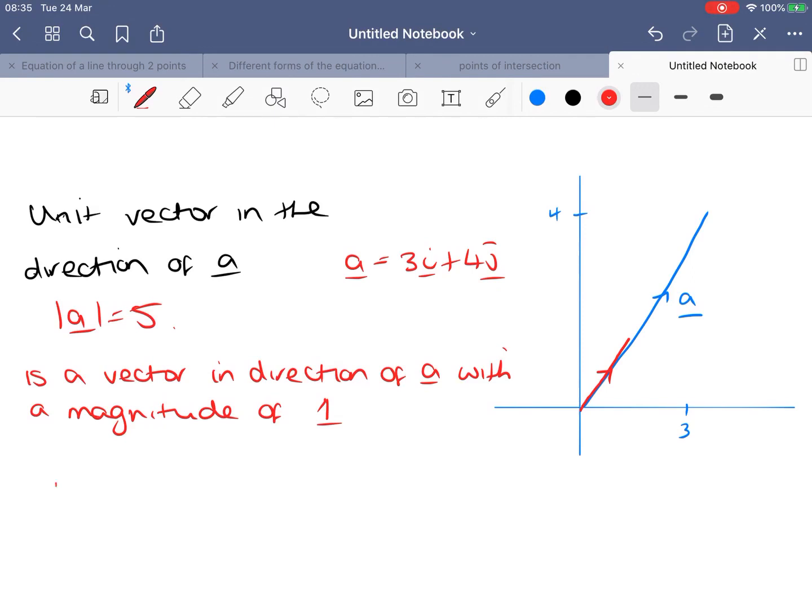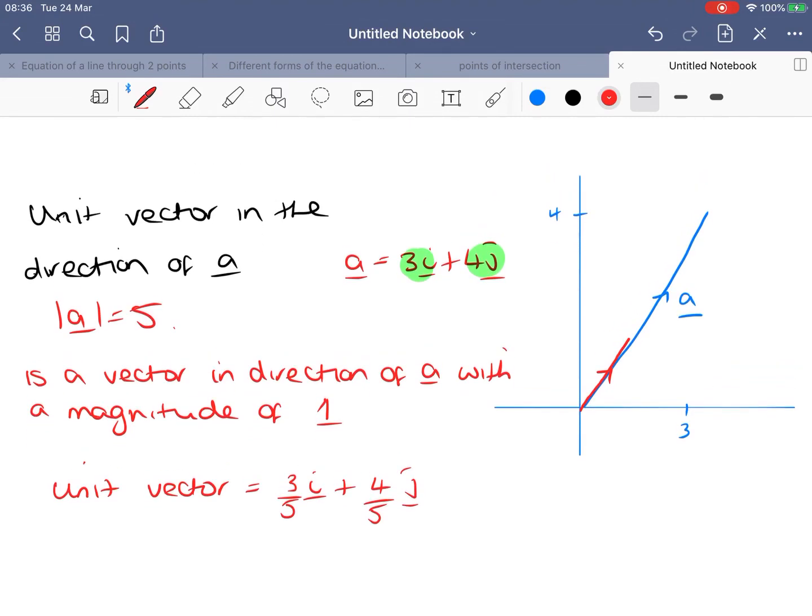Well, actually, we just divide each of the elements of the vector by 5. So what we actually find is, in this case, the unit vector for this is going to be 3/5 i plus 4/5 j. Okay, because you just divide it by the magnitude.